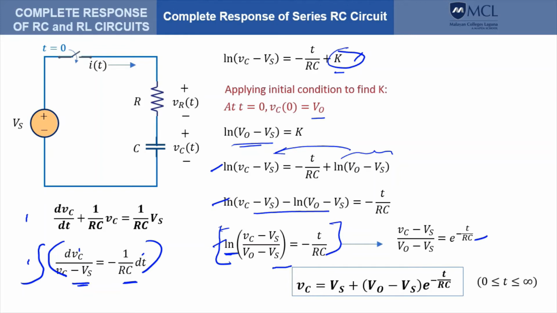So our v sub c will be this one. Take note that v sub c is valid for time from t equals 0 to time infinity. It is not valid for t less than 0.